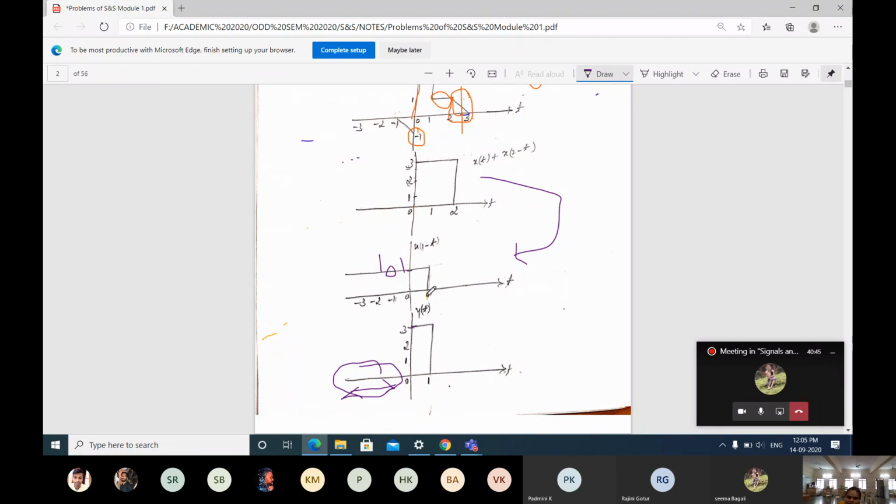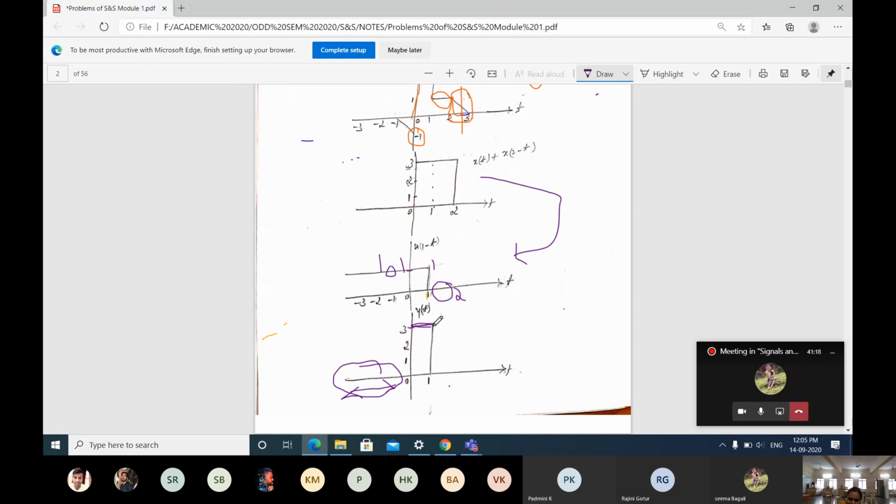Then at one position, what is the amplitude here? At one position it is 3, and here at one position it is 1. 1 into 3, again you will be getting 3. For that reason it continues. Then in between 1 and 2, are we having any signal here? No. The amplitude is 3 into 0, which is 0 only.